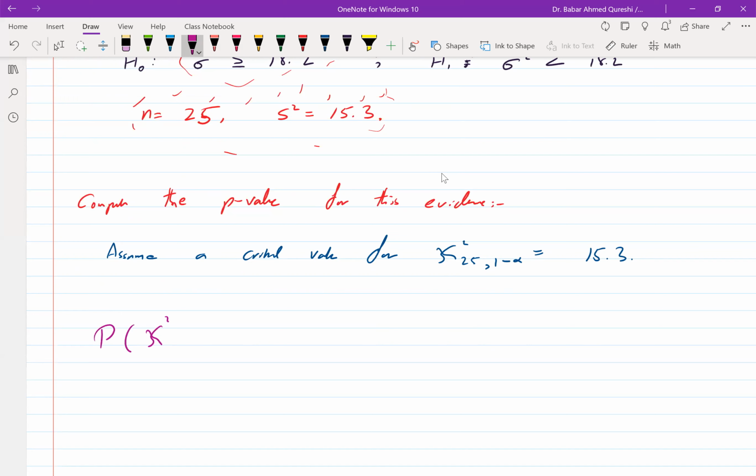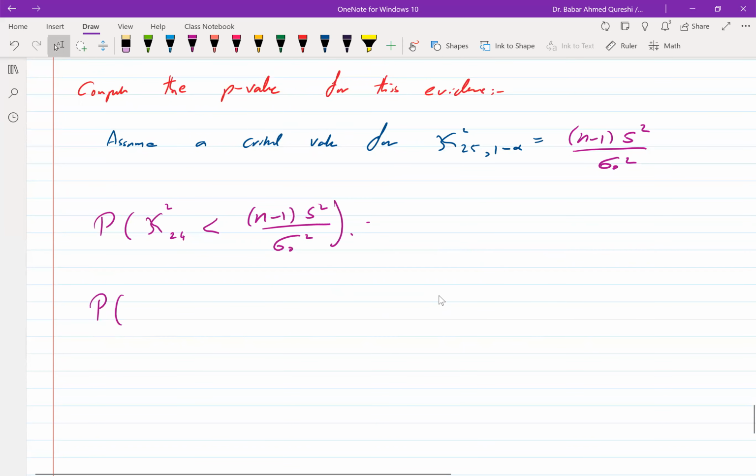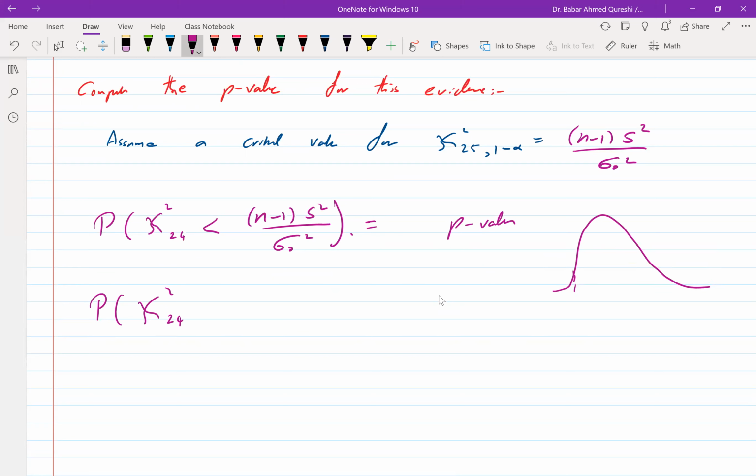Probability that chi-square 24 could be less than this value, that would be the p-value, this area.